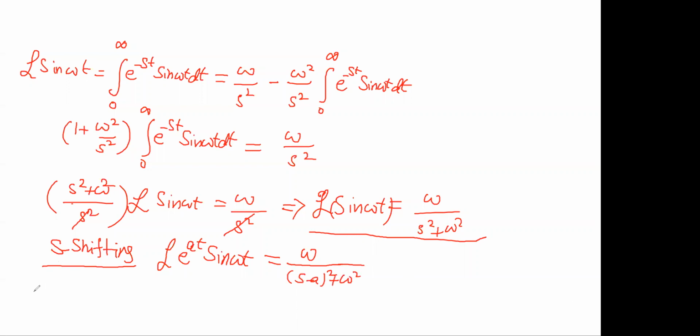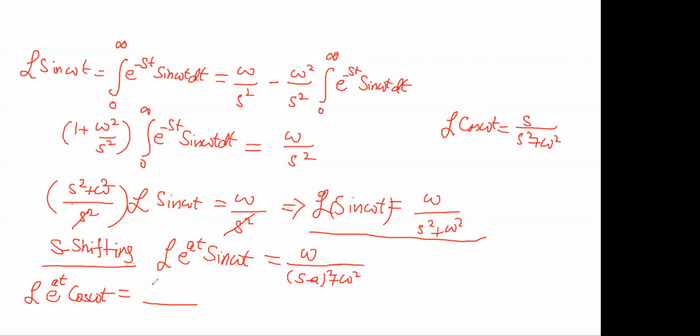Okay, so similarly, the Laplace of e power at cosine of omega t will be equal to, because for the cosine, the Laplace of cosine of omega t is s over s square plus omega square. So therefore, the Laplace of e power at cosine of omega t will be, can anyone tell?